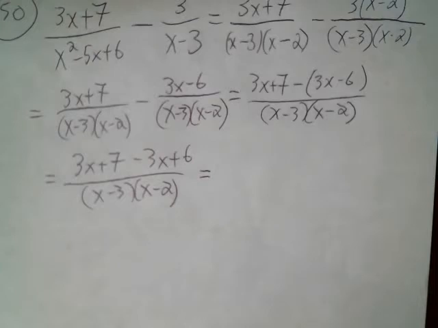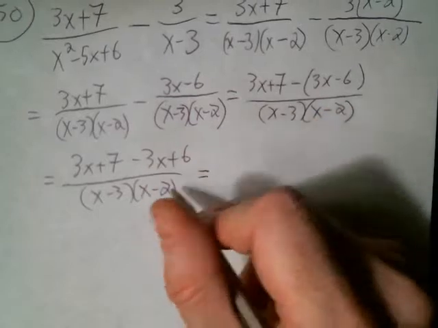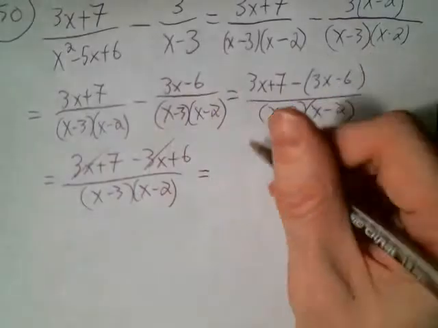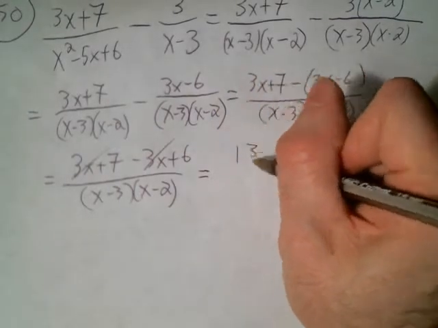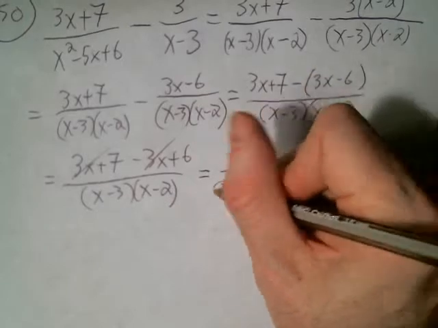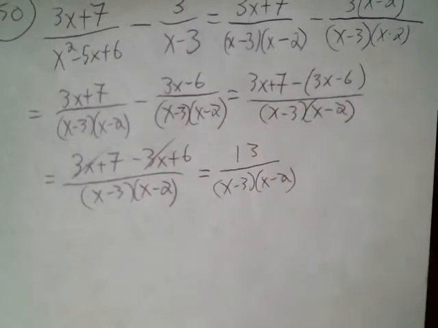Oh, I think I made a mistake somewhere. No, there's a mistake in my notes. Sorry. I'm right. Okay, so 7 plus the 3x minus 3x is 0, and then 7 plus 6 is 13. Okay.